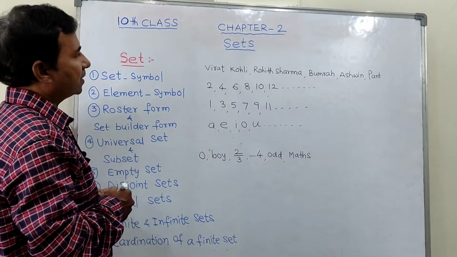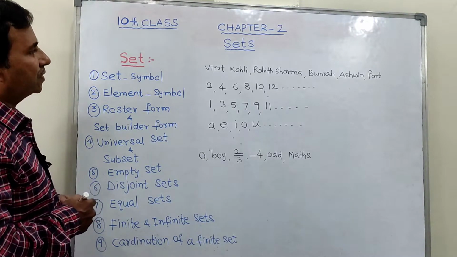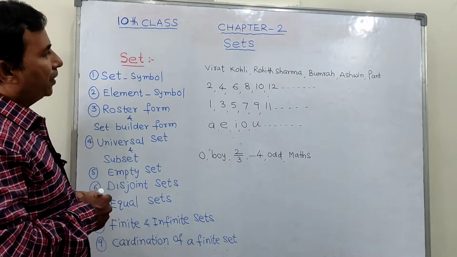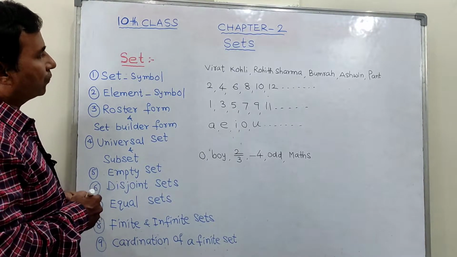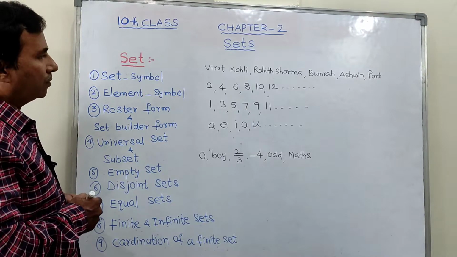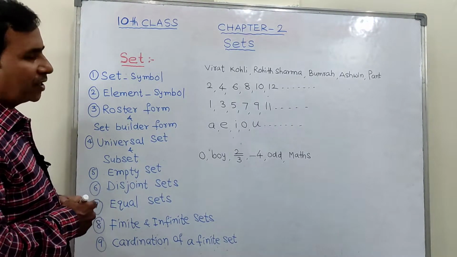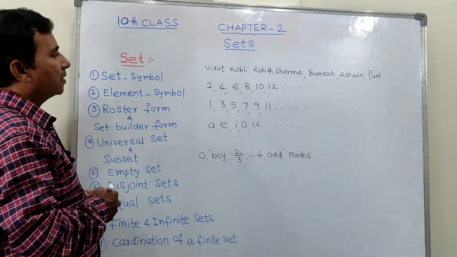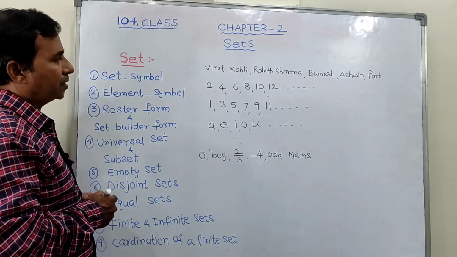So the first collection is regarding the Indian cricketers. See the second one: 2, 4, 6, 8, 10, 12. What are these? Immediately we will say these are the even numbers. So the second one is the collection of even numbers.